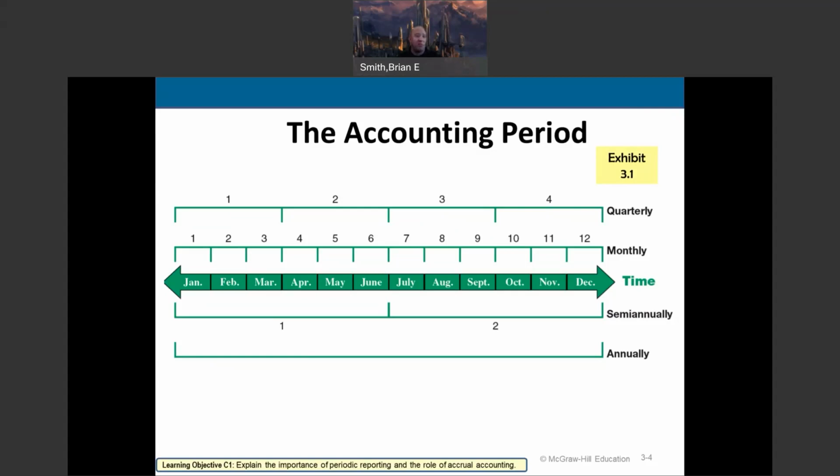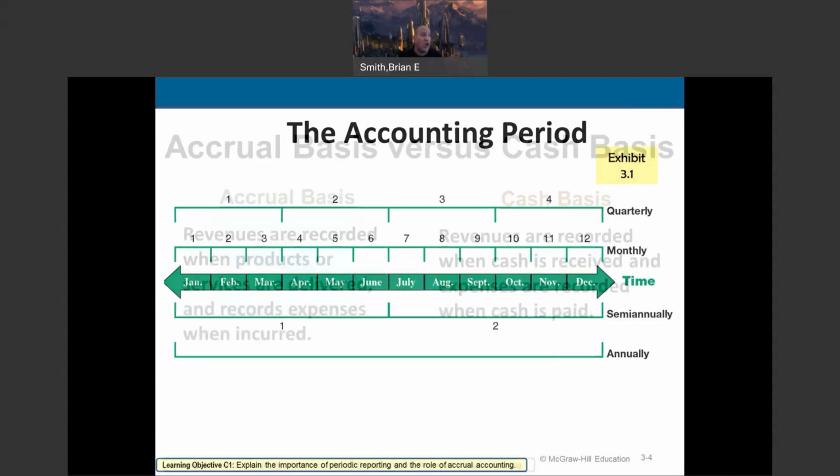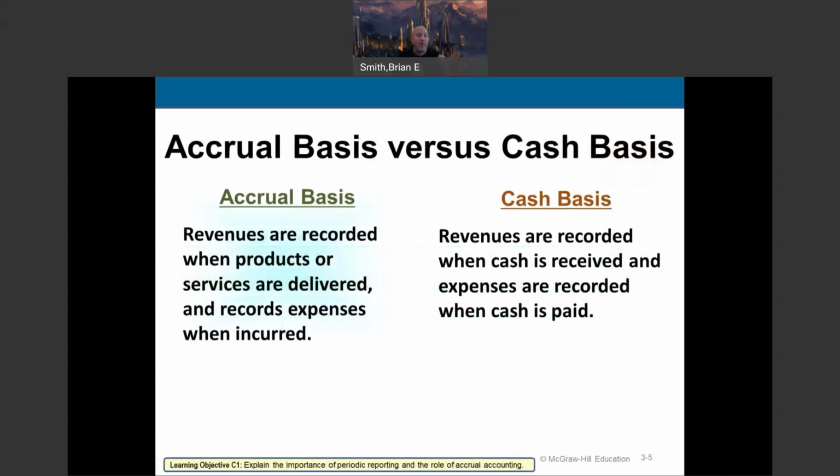Okay, that's the big key here, because when we combine those two assumptions with the time assumption, we get the accrual basis of accounting. The accrual basis of accounting is that we record our revenues when we perform the services, and we record our expenses when they're incurred. When you couple those together, we're talking about the accrual basis of accounting.